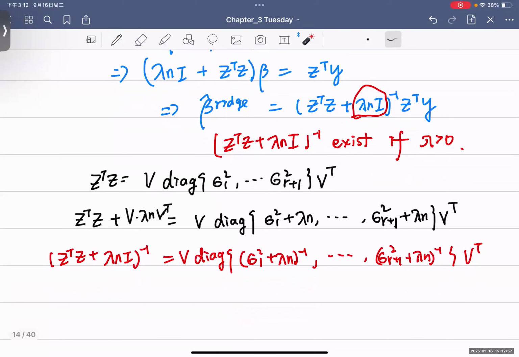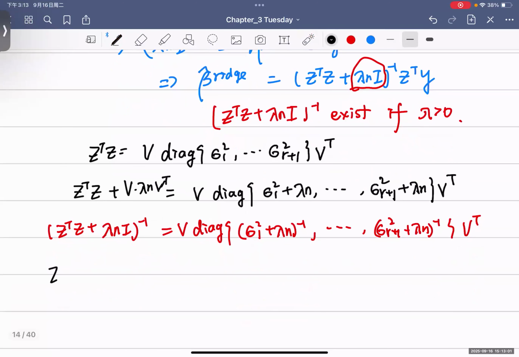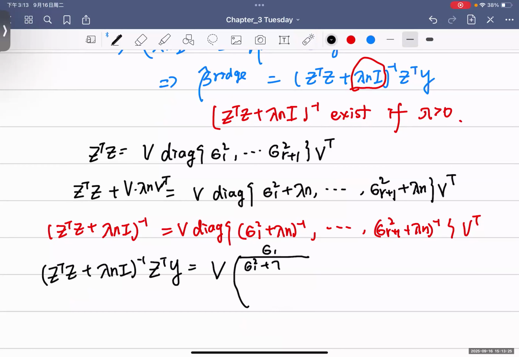Eventually, we use the inverse of (z transpose z plus lambda n I) times z transpose y. If you still remember that type of calculation, this term becomes V times the diagonal of sigma 1 over (sigma 1 squared adding lambda n) times the first element of U transpose y, until sigma r plus 1 over (sigma r plus 1 squared adding lambda n) times the r plus 1 element.